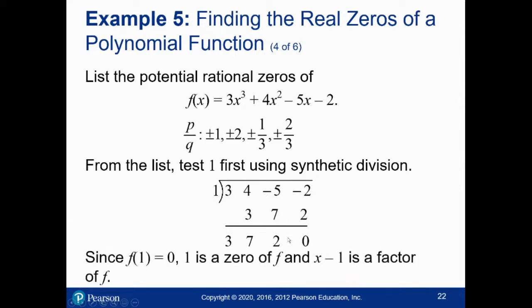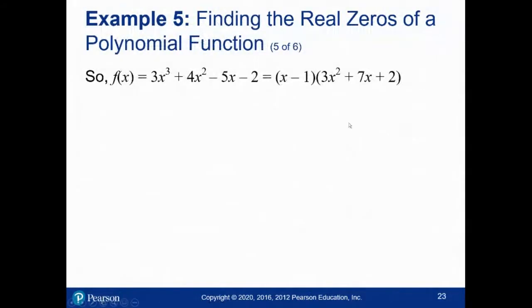Now the book's technique is going to differ slightly from mine. So at this point, we have confirmed x minus 1 is a factor. So what they do is they actually factor it out. Do the long division. Do x minus 1 out of 3x cubed plus 4x squared minus 5x minus 2. A lot of people ask, can we do synthetic division? Yes.